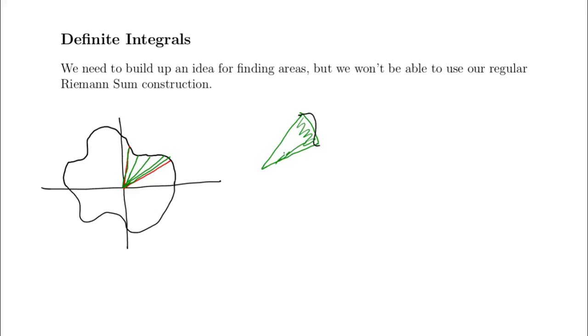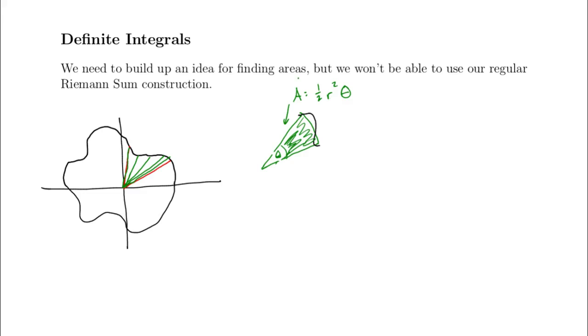The nice thing is that there's a good area formula for this. The area of this is one half times the radius squared times theta, where theta is this angle that we have. Cool. So that's the area of each of our pieces.